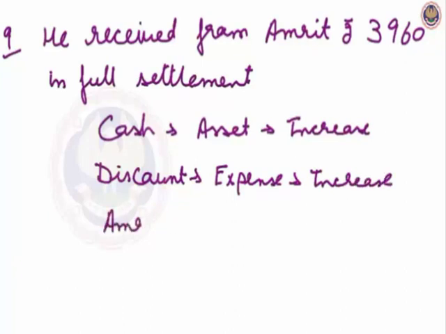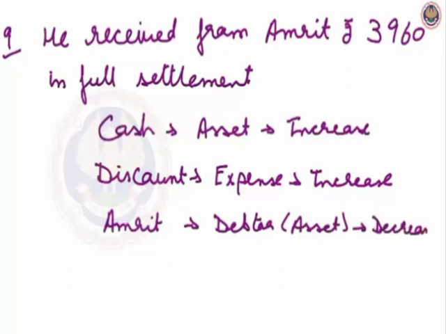And we are receiving from Amrit. Amrit was the debtor for the business, and we know debtor is an asset, and our asset will decrease, then we will receive the amount. So when we will be receiving the amount, cash is an asset, cash will increase.